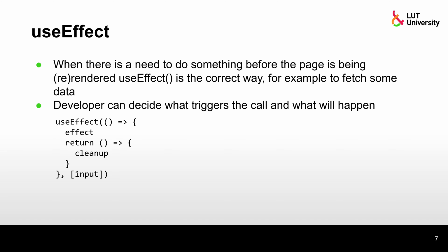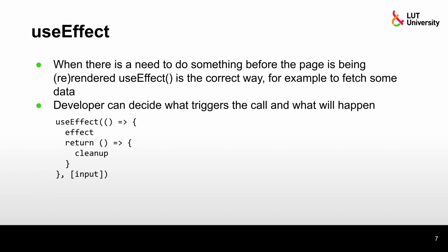So here is the basic syntax boilerplate. We declare a useEffect, and inside this we have an arrow function, and inside that we do the actual effect we want to do, for example fetch some data. And then there is a return clause, and we do cleanup in that return clause.